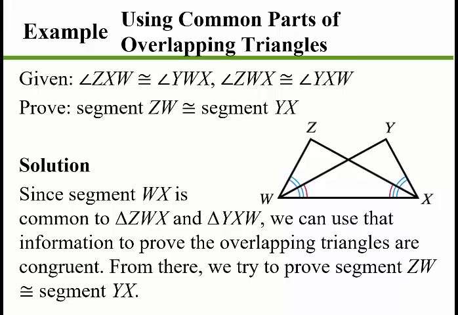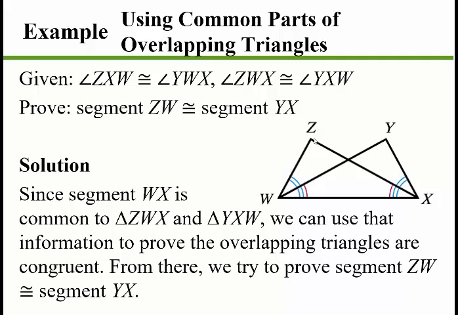So given this, try this one. It's using common parts of overlapping triangles. So given that angle ZXW is congruent to angle YWX, right? That's what these double blue lines mean here, the big angle there.